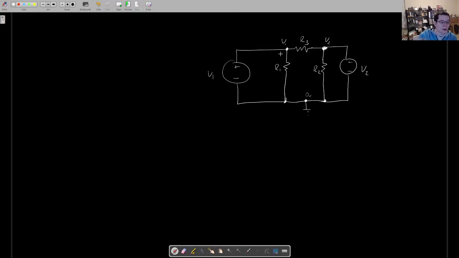So what we can now do is use the currents to find the voltage. We're going to measure the current going this way, the current going this way, and the current going this way.